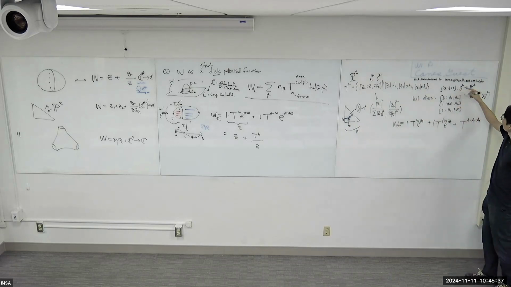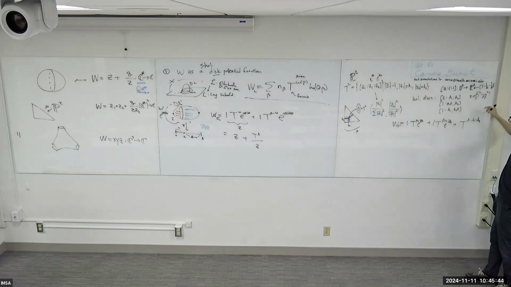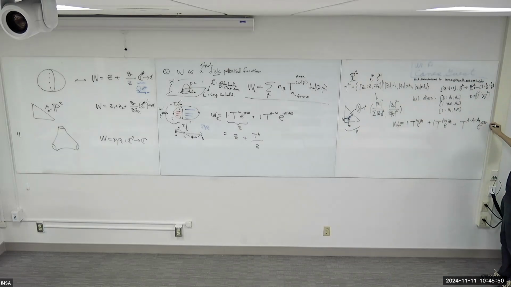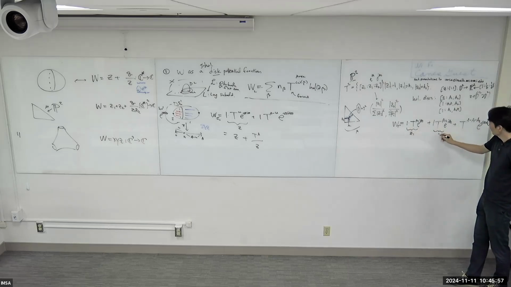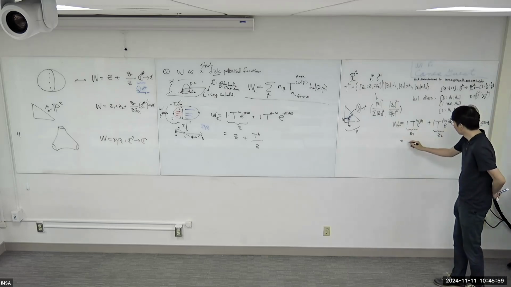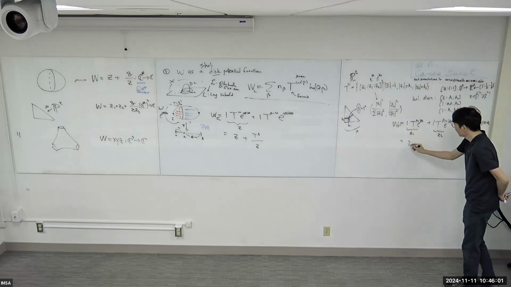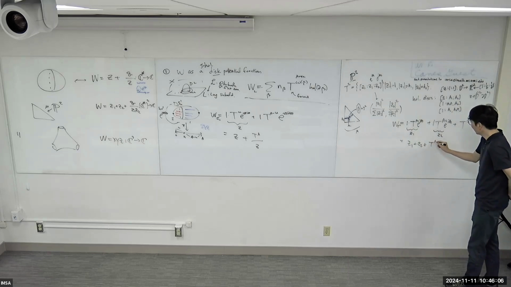And the third one, this one, you can also write it as 1 over z, 1 over z. So somehow the holonomy parameter is e to the i(zeta minus zeta 1 minus zeta 2). Again, writing this by z1 and z2, we have z1 plus z2 plus T to the a divided by z1 z2.